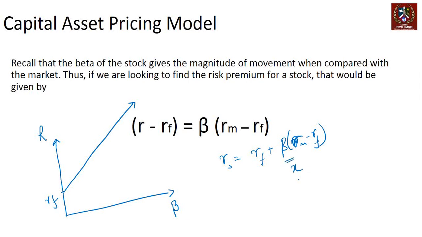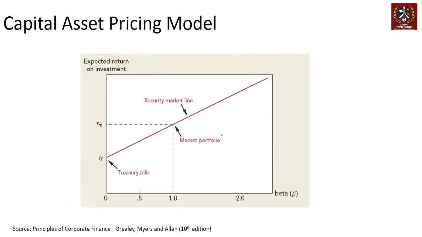Beta is X, return on the stock is Y, this RF is the intercept. So obviously the slope of this line is RM minus RF, or the equity risk premium that you are expecting for investing in the market. That's the slope of this line, right? That's how the line would look like. So your expected return on the investment plotted against the beta.